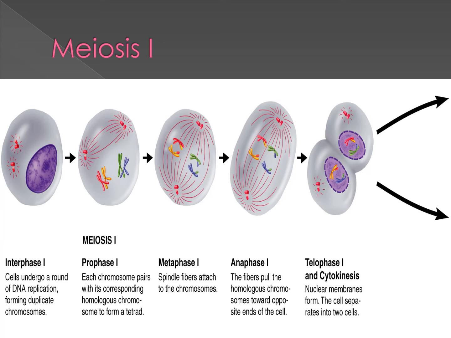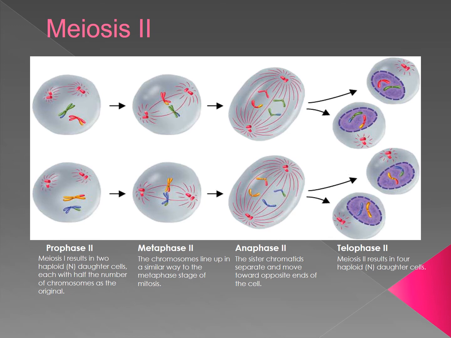If you look at this, it's showing you with pictures and a little bit more information. This is meiosis 1. Here is meiosis 2. We're going to end with how many cells? 4. And what kind are they? Haploid.